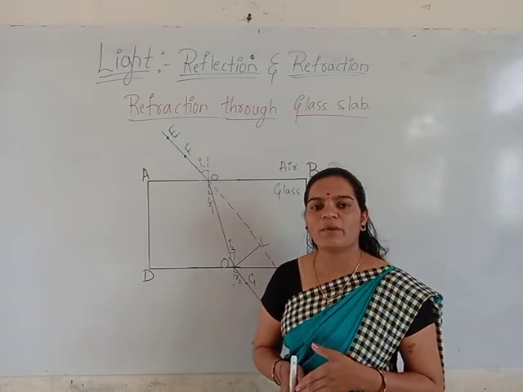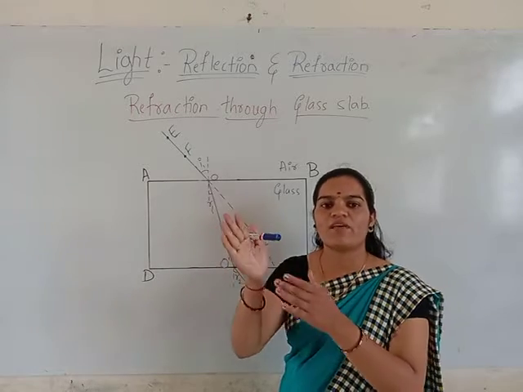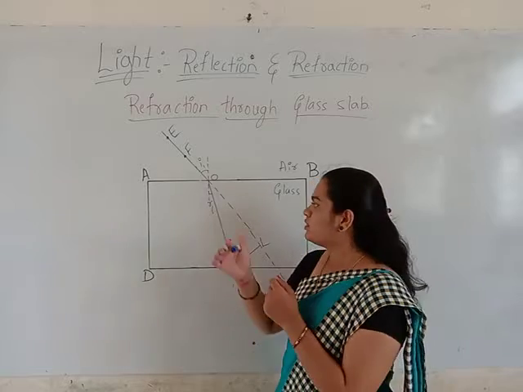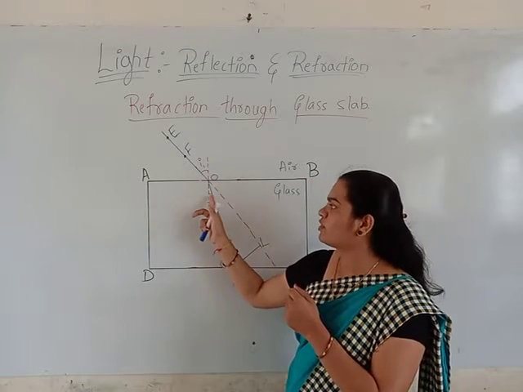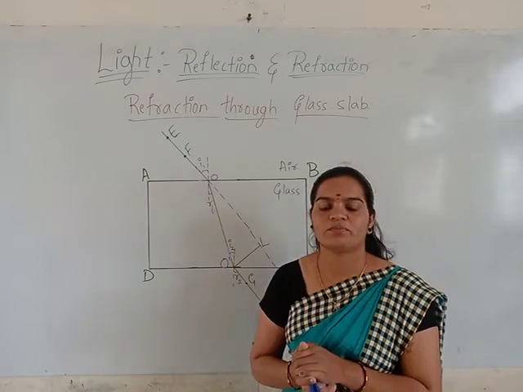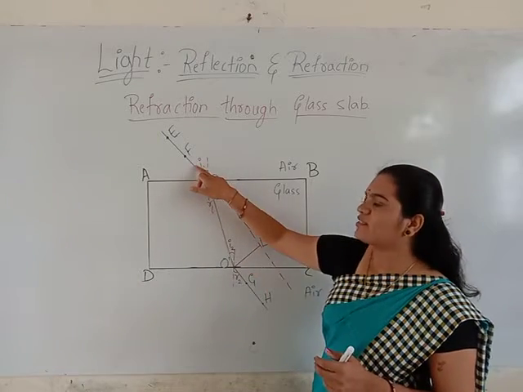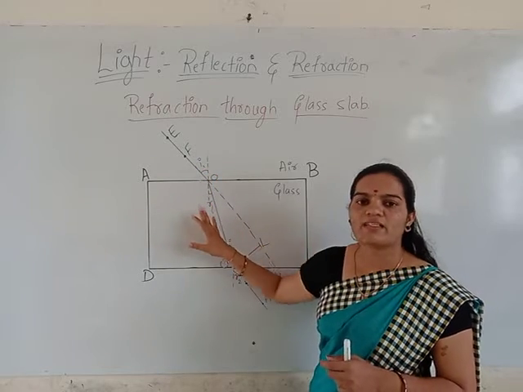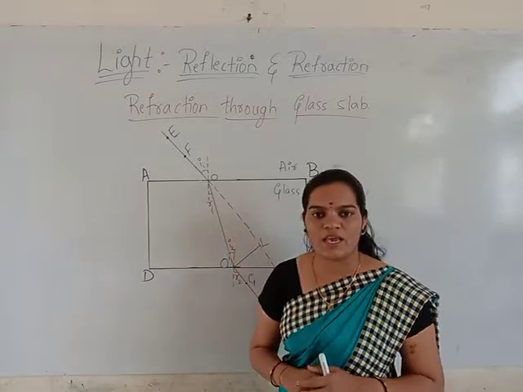The angle made between the refracted ray, which means the ray which bends when it enters another medium, and the normal, the angle between these 2 lines, we call it the angle of refraction. So here I am taking I1 as the angle of incidence for this phase and angle of refraction as R2 for this phase. Okay, I think this is clear.